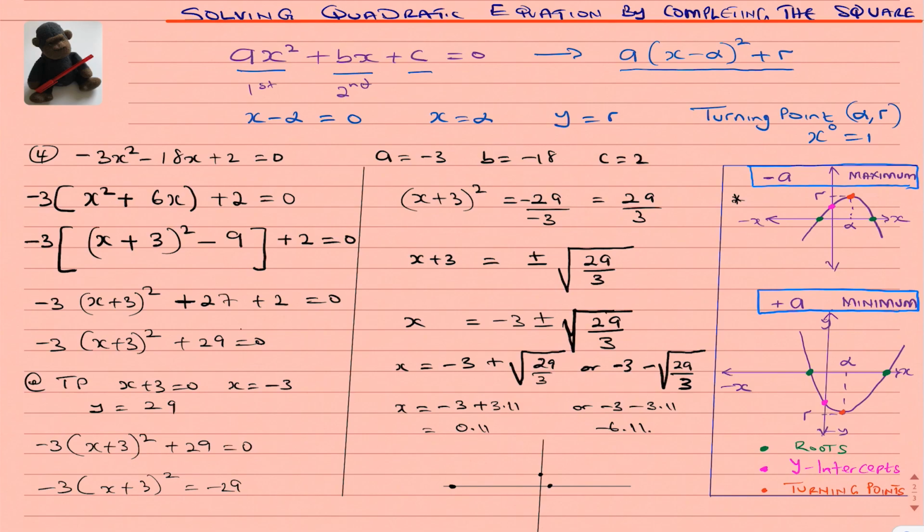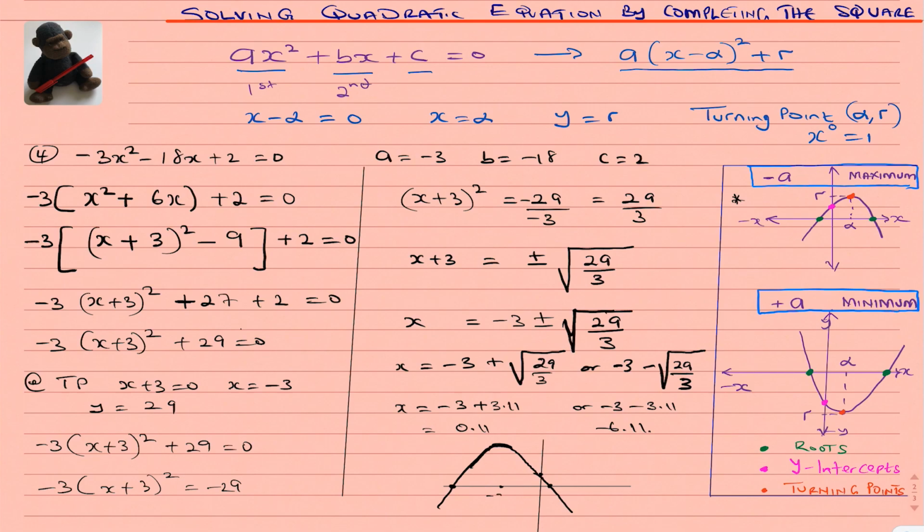The turning point x is minus 3, so somewhere here, and 29. So my turning point is there, so you have to do that as a turning point. That's where it turns, and it comes here. When it turns, it comes that way, and it goes there and there.